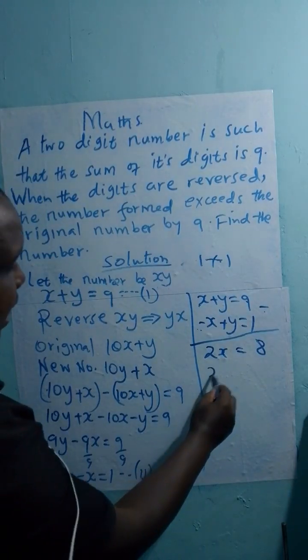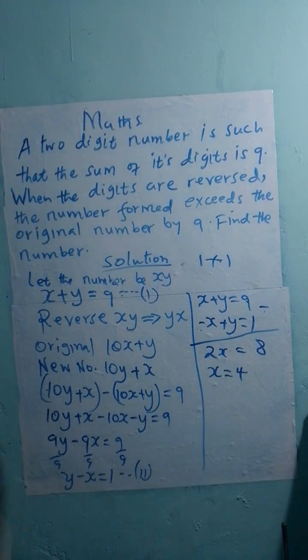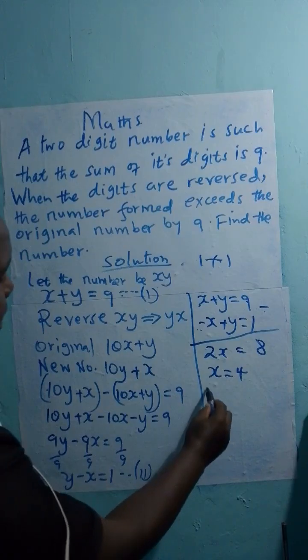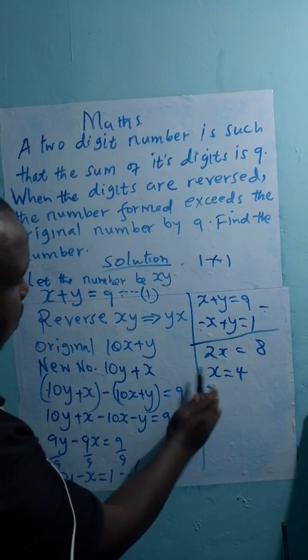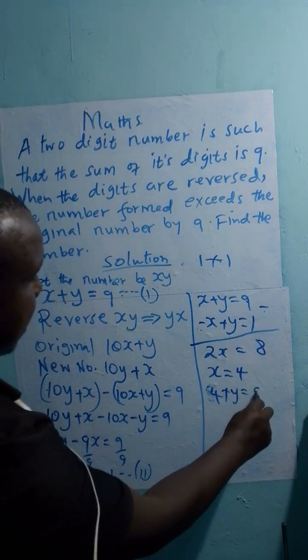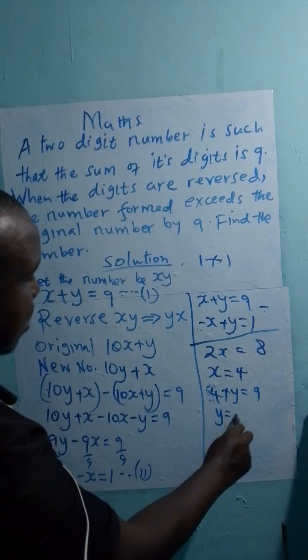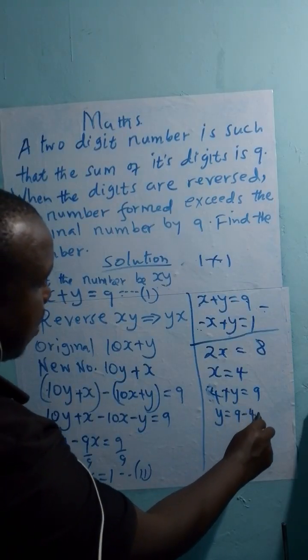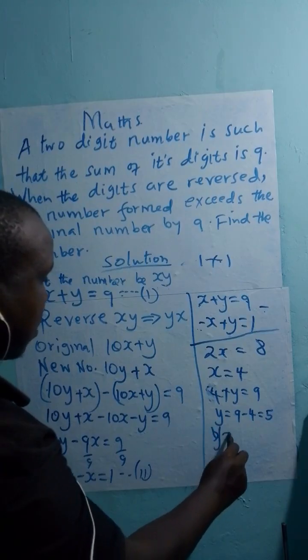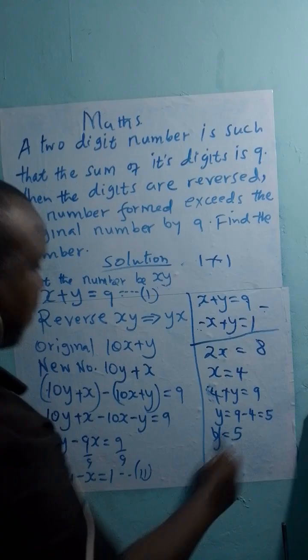It means that x equal to 4. Now to get the value of y, substitute one of them here. We say x, which is 4, plus y equal to 9. Meaning y equal to 9 minus 4, which is equal to 5. So y equal to 5.